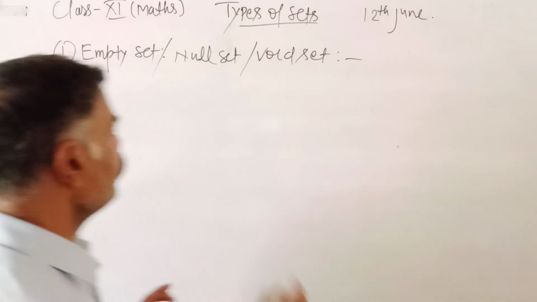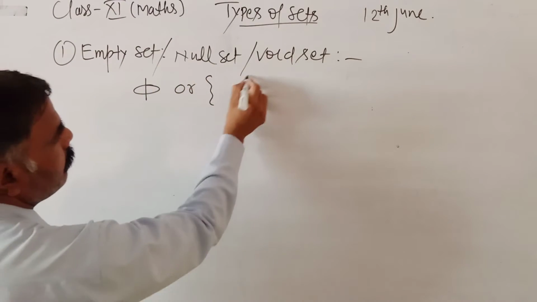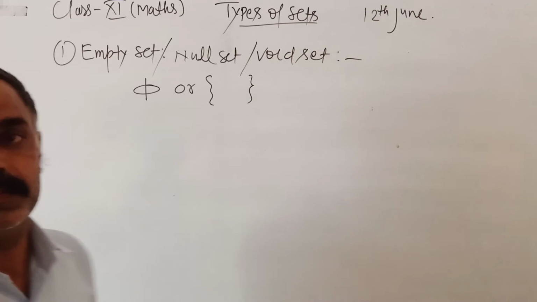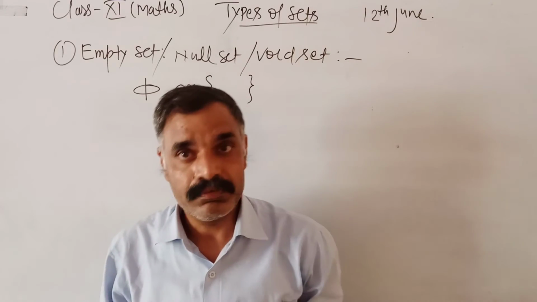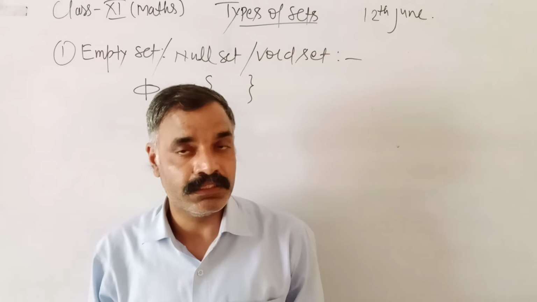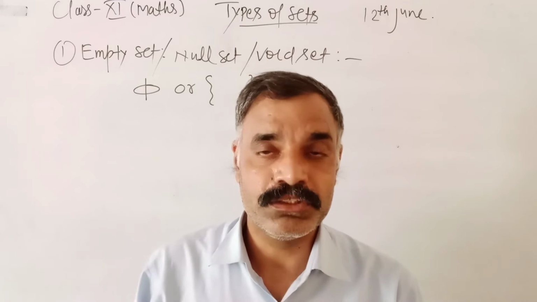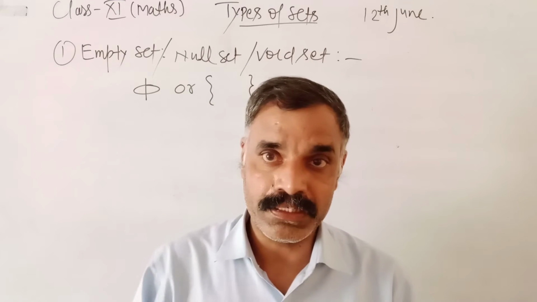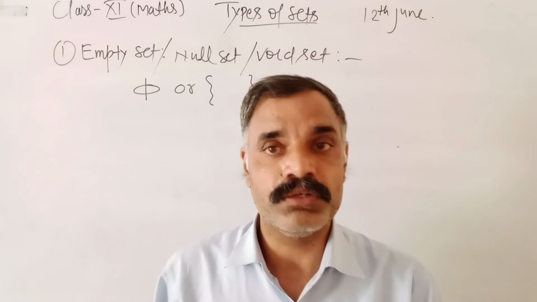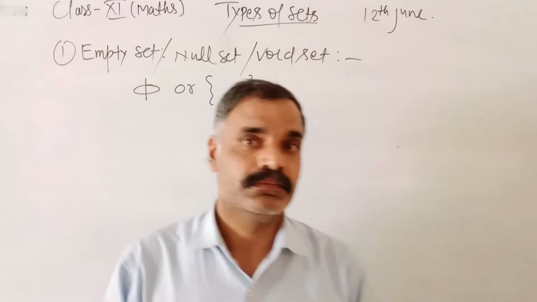It is denoted by phi or the empty curly bracket. Empty curly bracket means there is no element. Symbolically it is denoted by phi. If we are denoting any set by phi, it means we are denoting an empty set.